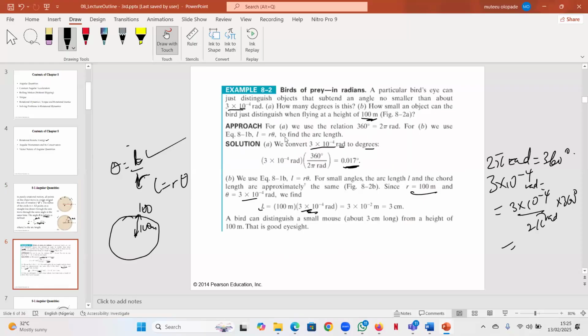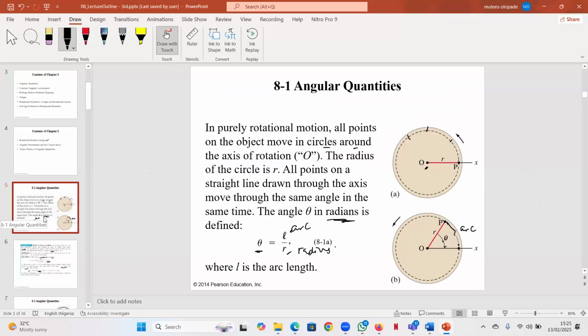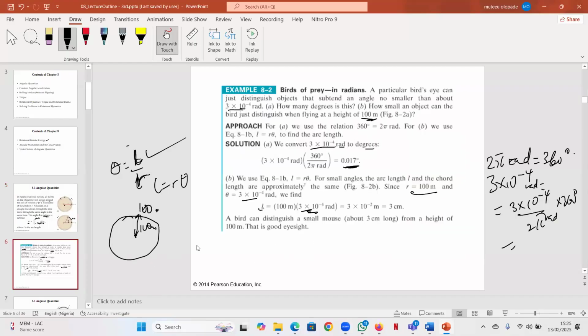Because that L we have just found is how small an object the bird can just distinguish. So if the bird is here, on the surface of the earth, how can it detect it? That is what we are trying to calculate. And it is 3 cm.